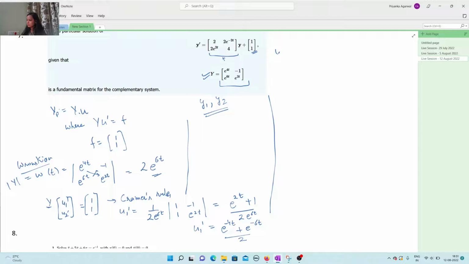So we know y and we know u, this can be multiplied and we can find the solution.